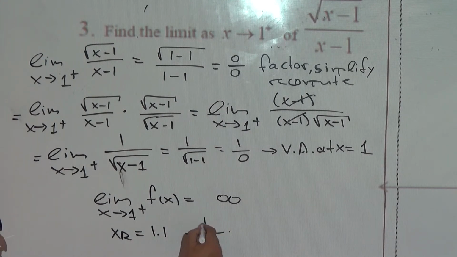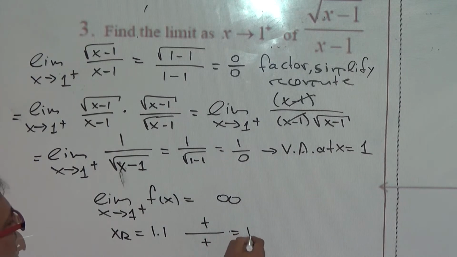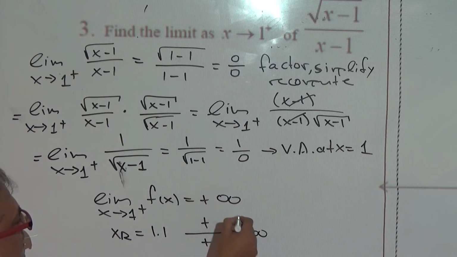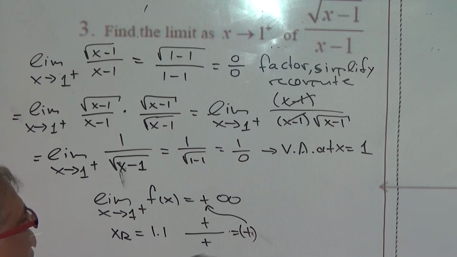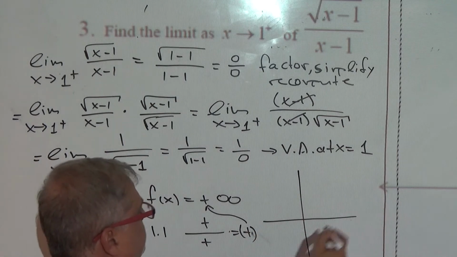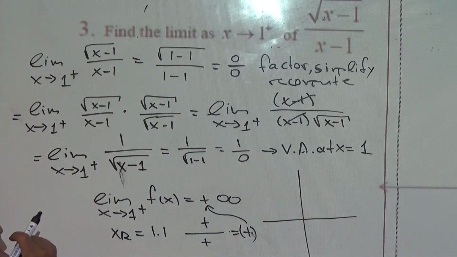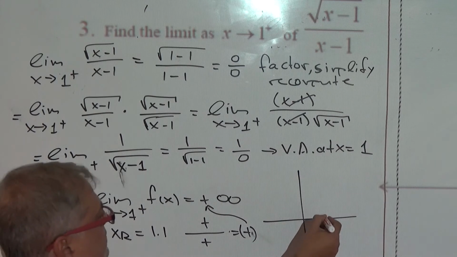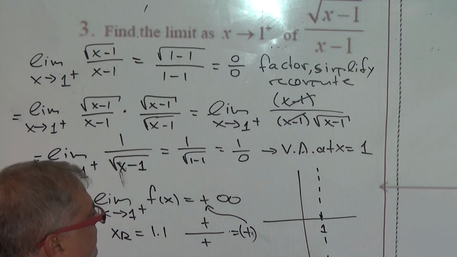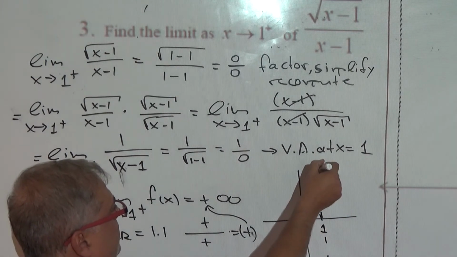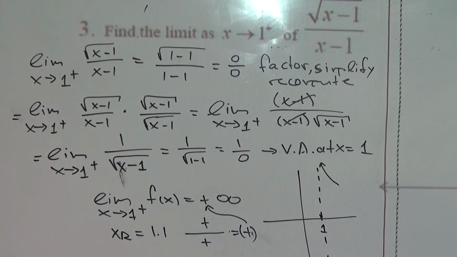It's going to be plus over plus, so plus infinity. Okay. So plus infinity. And then if I am to make the graph, I'll have at 1 a vertical asymptote, and I approach it this way to plus infinity.